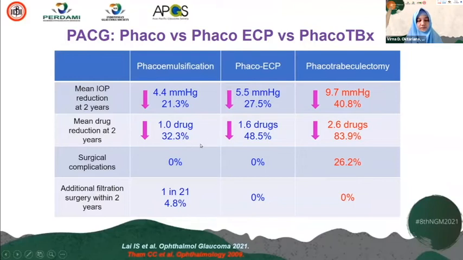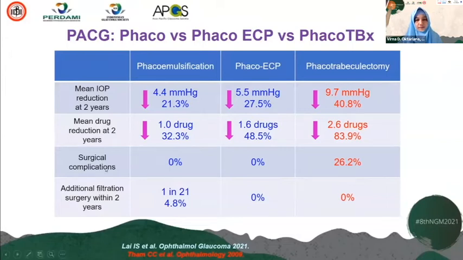If you look at the mean drug reduction at 2 years after surgery, once again, just performing phaco is very effective and reduces drug requirement by over 30%. Whereas with phaco-ECP, the drug reduction approaches almost 50%, while with phacotrabeculectomy, the drug reduction is over 80%, which is very good.